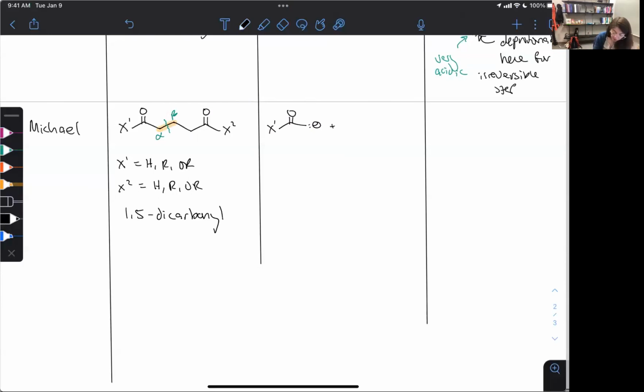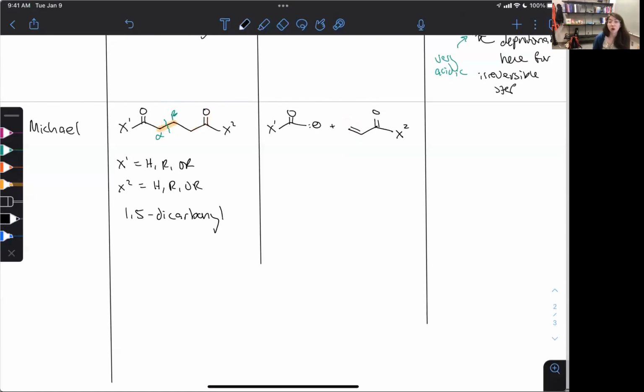And in this case, we need to have this beta position according to this carbonyl be an electrophile. So the best way to do that is to just go ahead and make that into an alkene. And then we're going to end up doing that conjugate addition into our 4 position over here. Okay, and that looks really wonky, so I'm going to fix that.